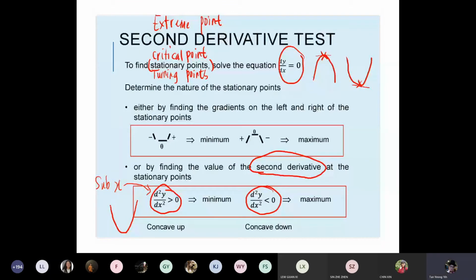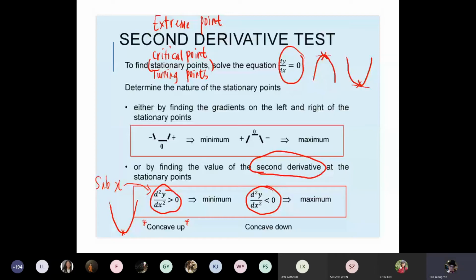With a curve like this, we have a minimum point and we say the graph is concave upward, concave up.